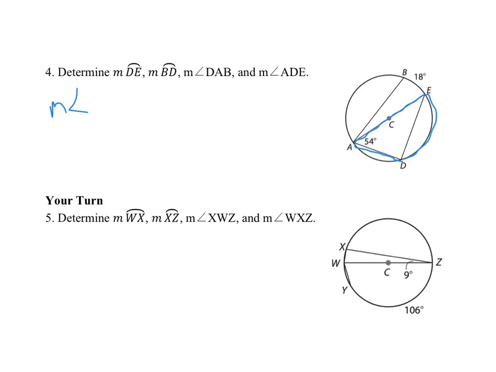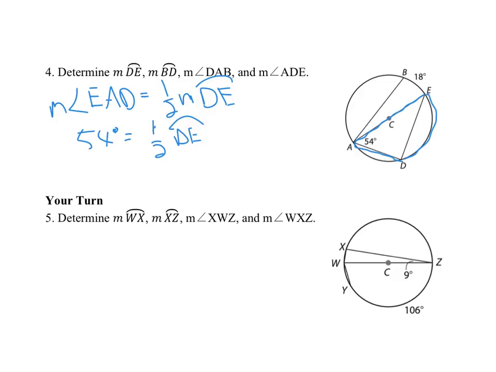So the measure of angle EAD is equal to half of the arc DE. Well, we know our angle, so that's 54, and that's 1/2 the arc. So then to solve, we just multiply both sides by 2. That drops that out, and we get 108 equals the measure of arc DE.